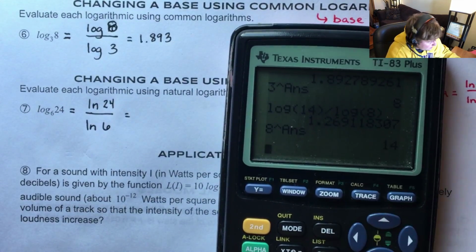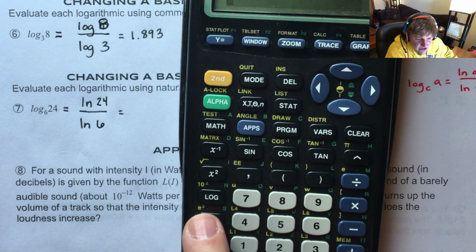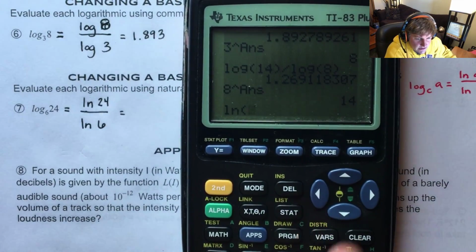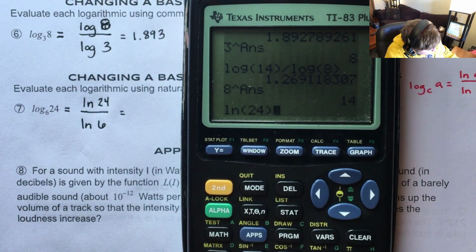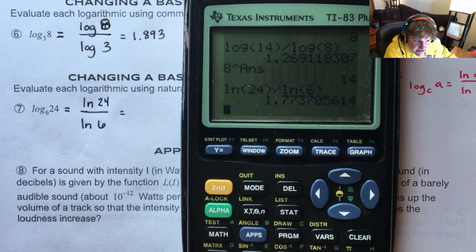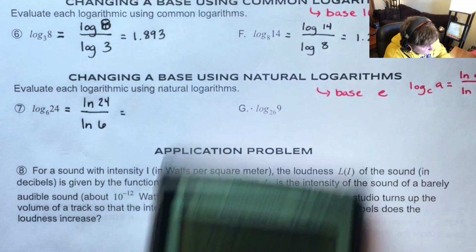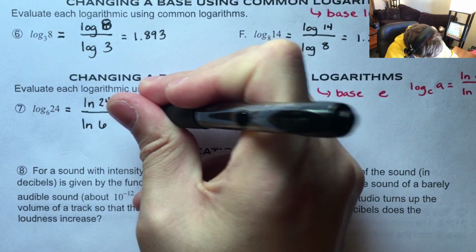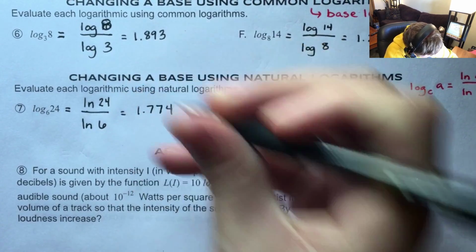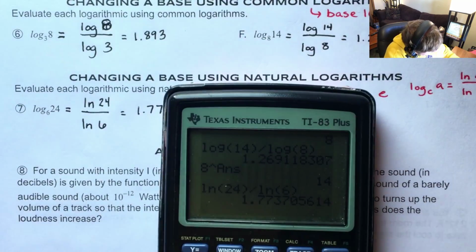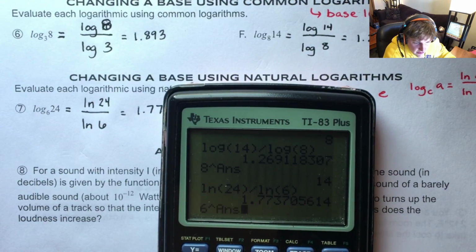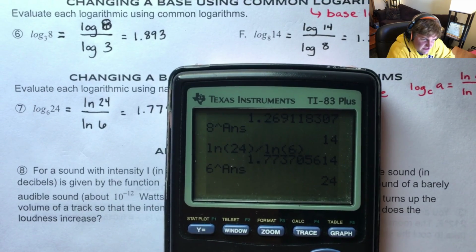Here, ln is your natural log. So natural log of 24 divided by natural log of 6 gives 1.7737. This 7 is going to round that 3 up to 4, so 1.774. And again, I can raise 6 to this power and find out that it gives me 24 on the dot, which is exactly what we wanted.